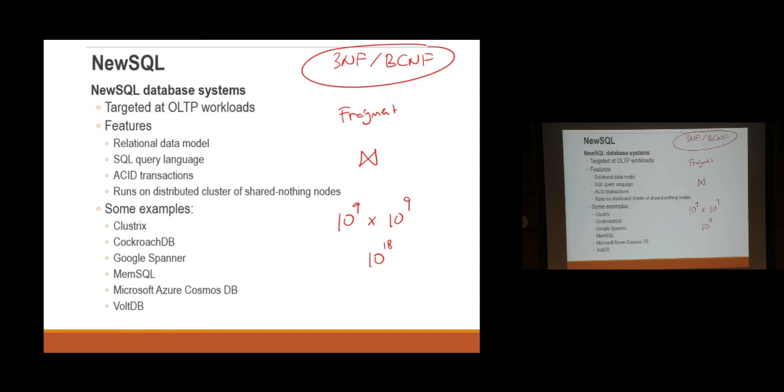So join is very, very expensive. Most modern systems typically do not try to achieve decomposition up to BCNF or even 3NF. They even sometimes go down to the lowest level of 1NF. What it means is that you just put everything as a single table.